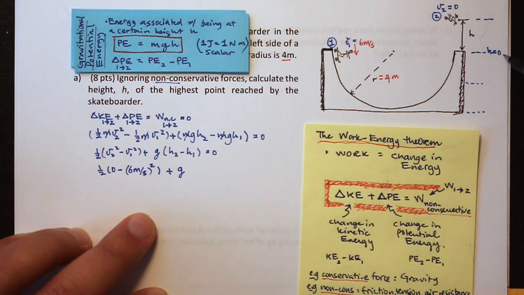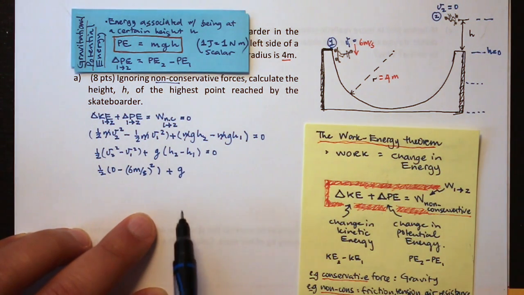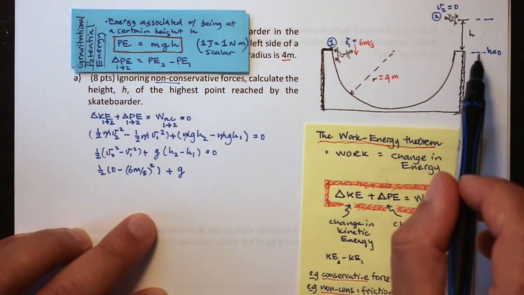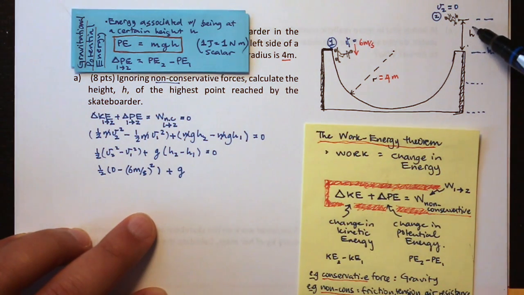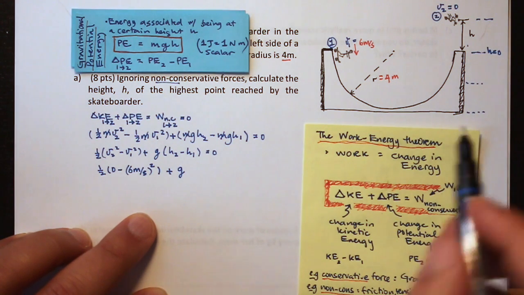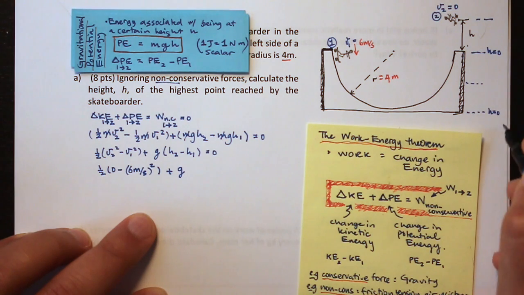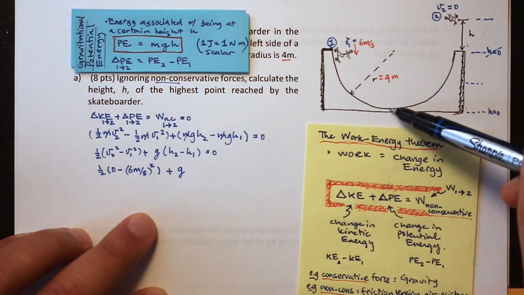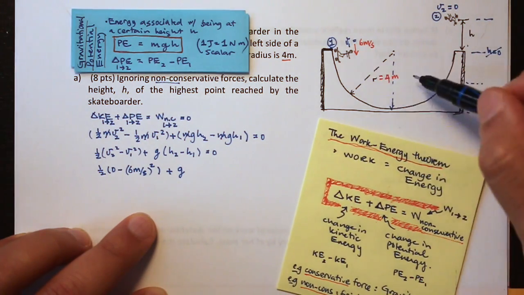So in fact, I didn't even have to specify where my 0 point was, because all I need is just the difference between the two heights. In other words, if this is my h equals 0, then h1 would be equal to 0 and h2 would be equal to h, which is what I'm looking for. Or if I had put, for example, this to be my h equals 0 instead, then my h1 would be this distance, which is essentially the radius of the half pipe.